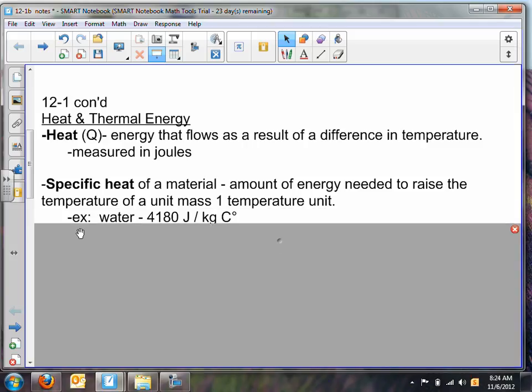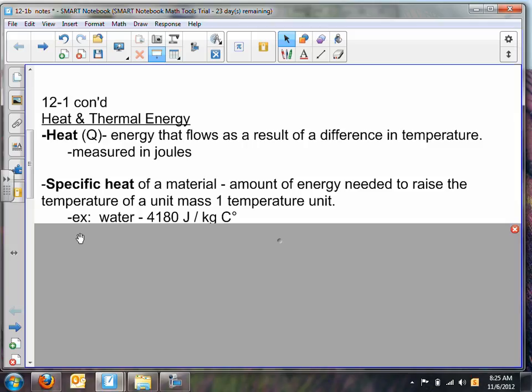For example, water has a specific heat of 4,180 joules per kilogram Celsius degree. In chemistry, we learned this number as 4.184, but that was in joules per gram Celsius degree.